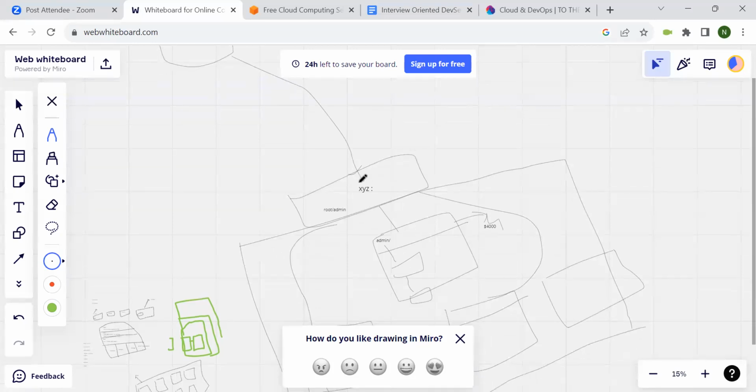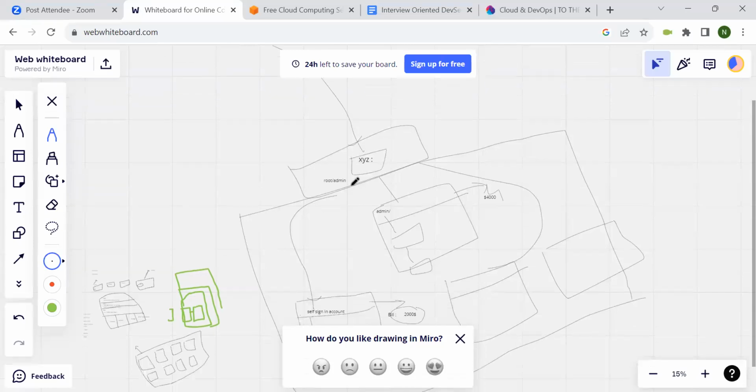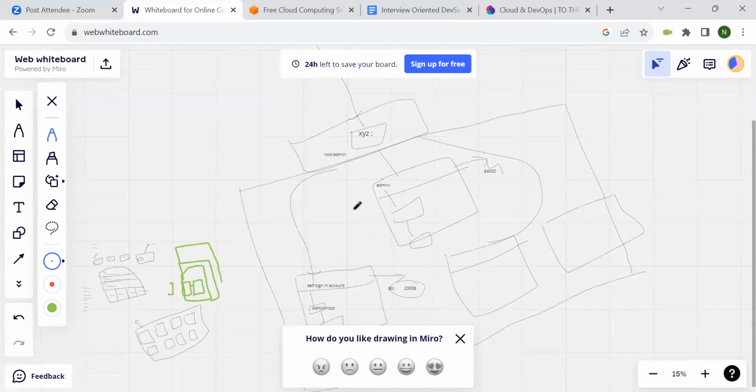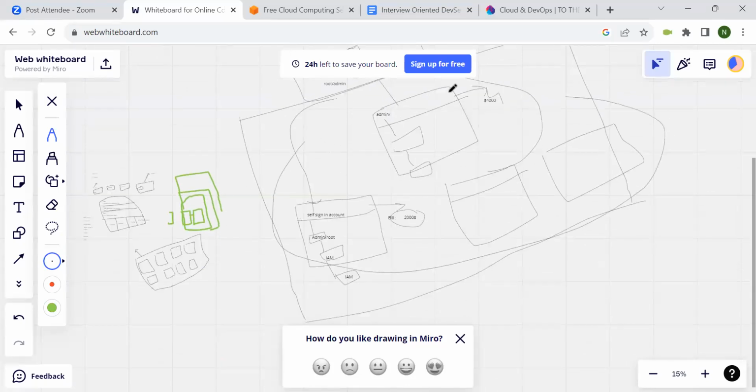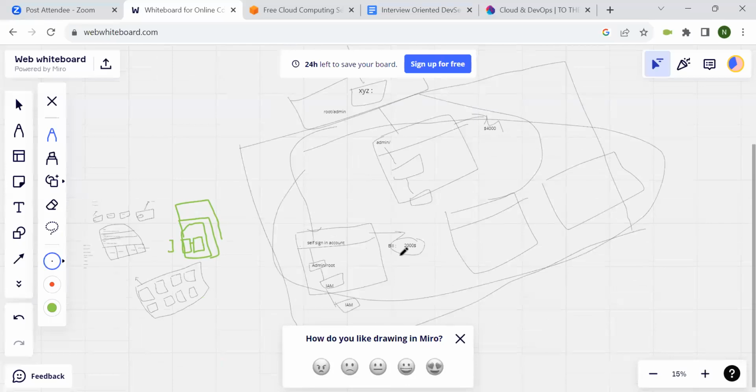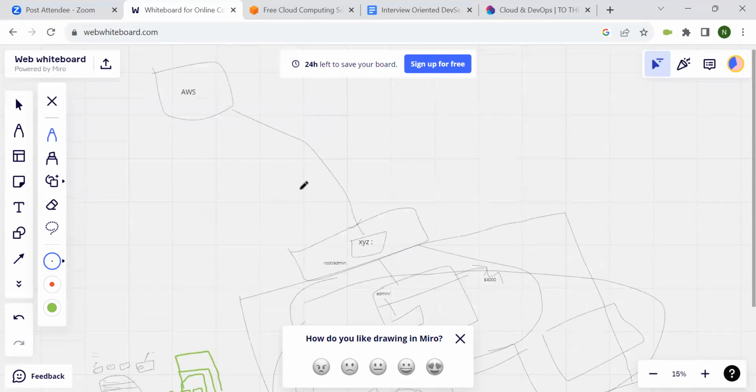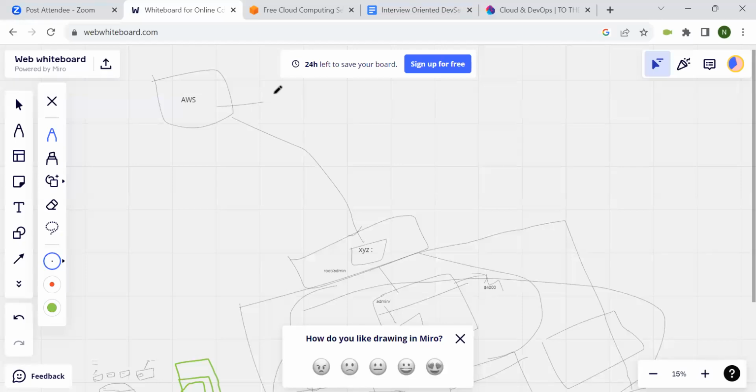So in this time, this XYZ organization will make sure that in the 5 years they will definitely reach 100% utilization. For example, if you are taking a $2,000 bill for these organizations, and they have used only the EC2 service, they'll give $500 for EC2 only for 5 years.